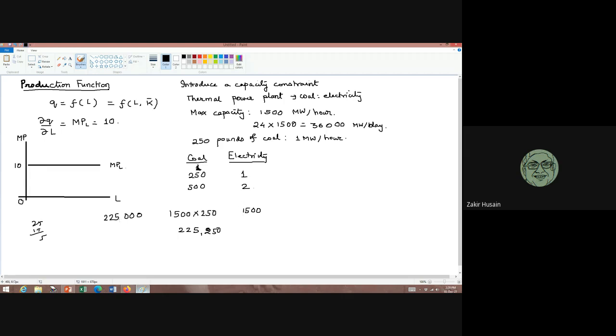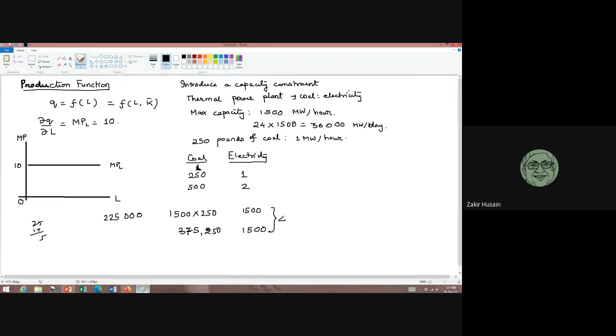So here we had 225. We have increased this by a further 250. 25 into 15 is 375. Sorry, it won't go up. So now we have reached capacity. So the marginal product, even if you use extra coal, the production will remain at 1,500.